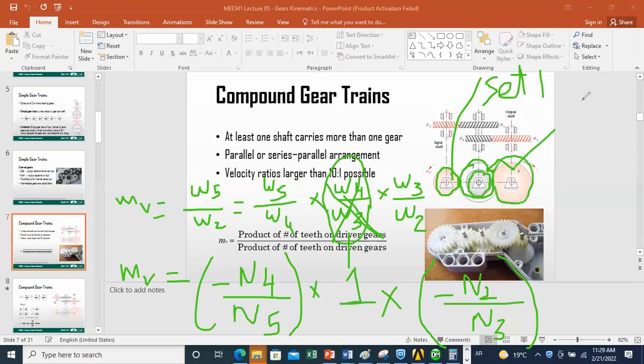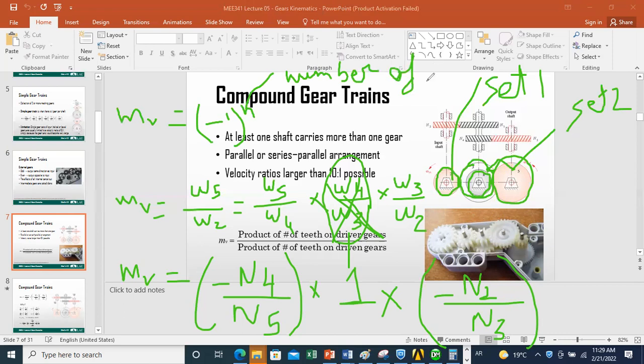So this is set number 2. So in general, MV is equal to minus 1 to the power n, which is the number of sets. Here we have 2 sets. This is why, because we have 2 sets here, the angular velocity of the output and the input are along the same direction.